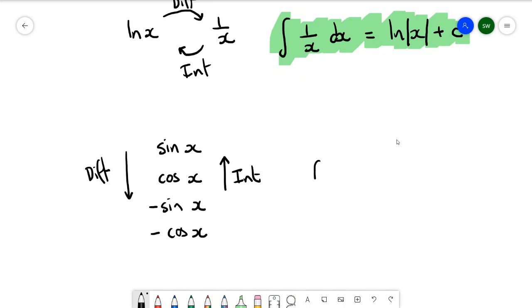So for example, if you wanted to integrate sine x with respect to x, we look at sine x on the diagram, we want to go up to integrate, and the diagram loops around, so we get minus cos x. Similarly, if we wanted to integrate minus sine x, we would get cos x, moving up in the diagram.